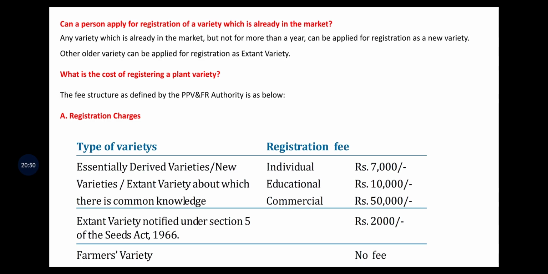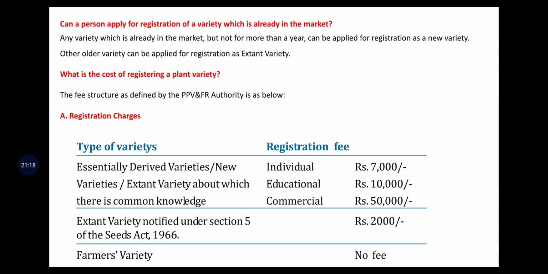The cost of registration of a plant variety is given as follows. For essentially derived variety, if an individual breeder or person is applying, 7,000 is the registration fee. For extant varieties and other varieties of common knowledge, the educational institute has a fee of 10,000, and for commercial registration it is 50,000.